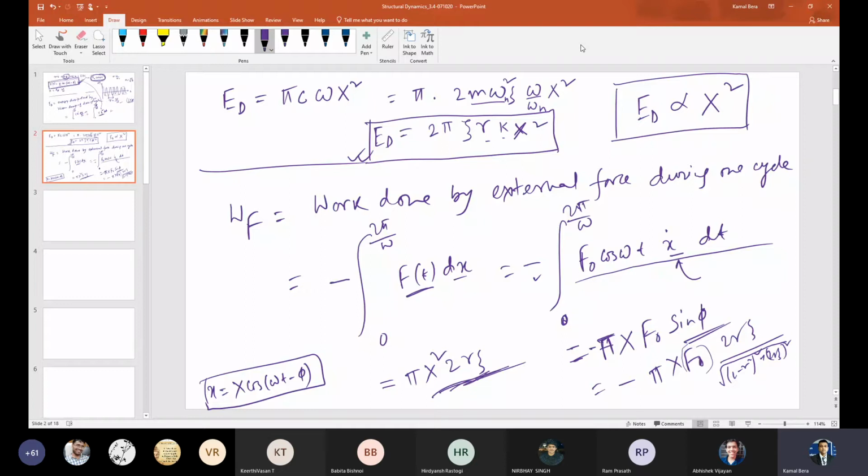Some calculation, just manipulation, nothing else. Try to introduce that relation. I mean, X by delta st is your magnification factor, right? So delta st can be written as F naught by k, right?